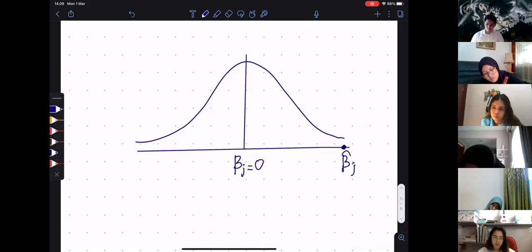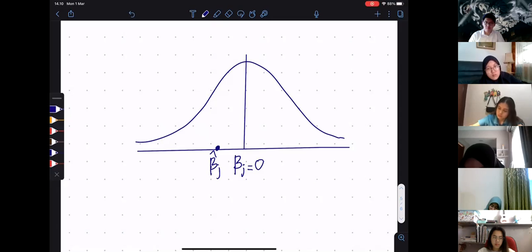Okay, another example. Suppose that our estimate is right here, on the other side. It means that beta hat j is actually very likely given the assumed distribution. And so in this particular case, we're going to state that the null hypothesis is not rejected.